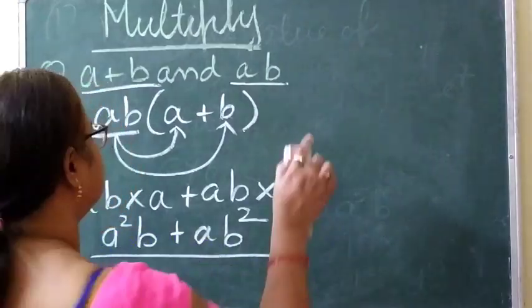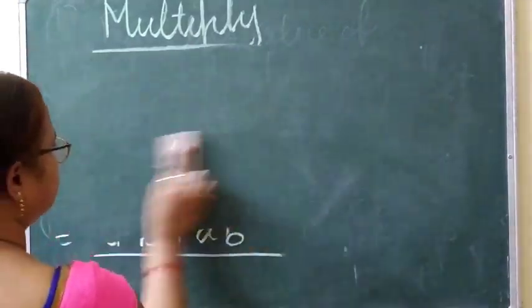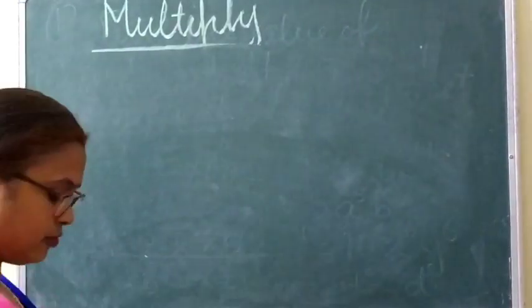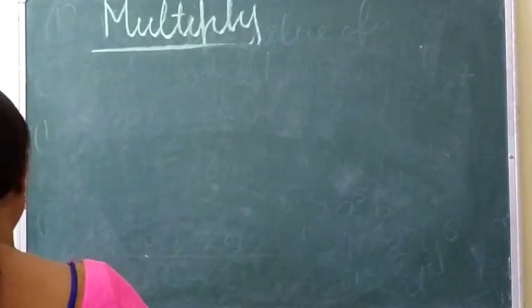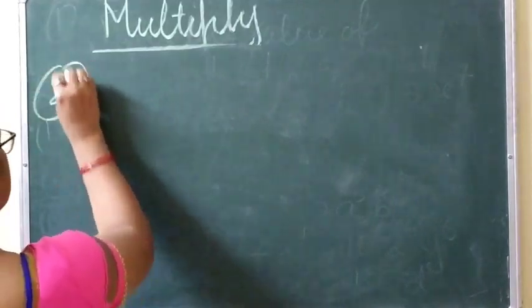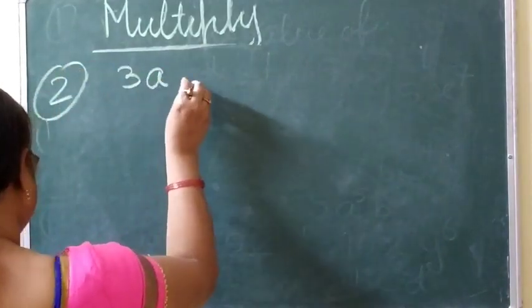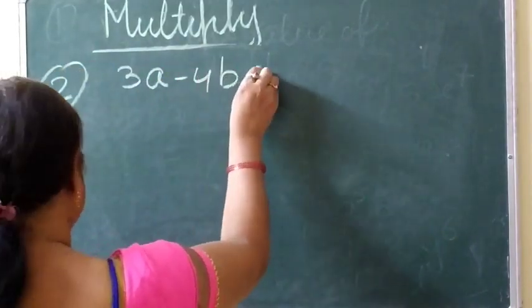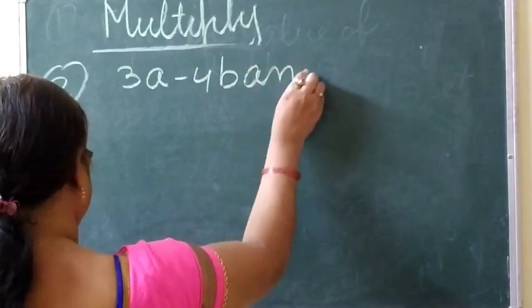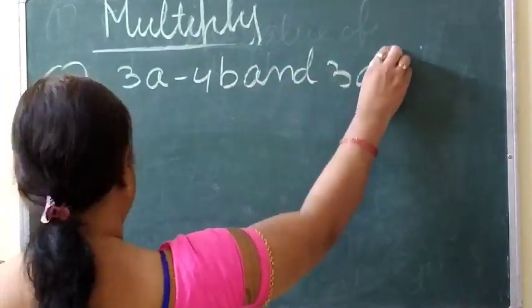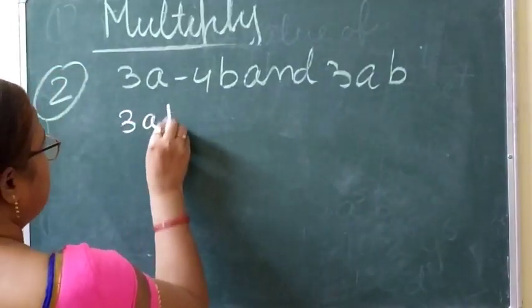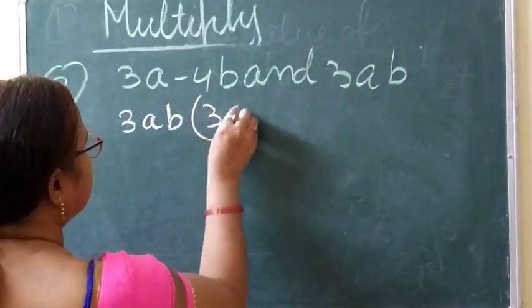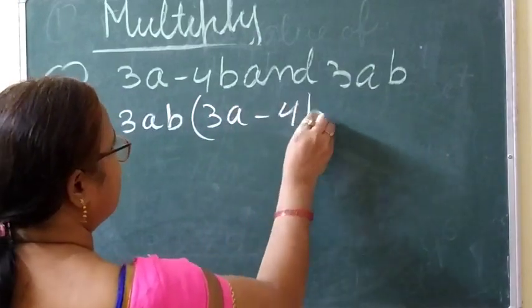Now next. Question number 2: 3a minus 4b and 3ab. Clear? So again we will write 3ab, then inside the bracket 3a minus 4b.